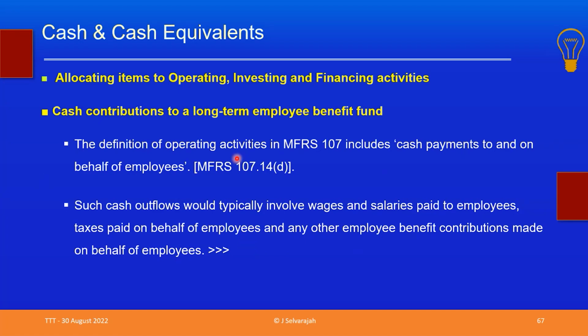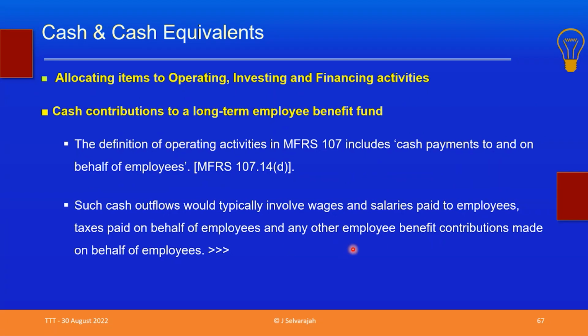So the definition of operating activities under MFRS 107 includes cash payments to and on behalf of employees. Now, when you pay to, or you pay to anyone else on behalf of the employee, such cash outflow normally involves wages and salaries paid to employees, and taxes paid on behalf, including EPF, because the employer must deduct tax.